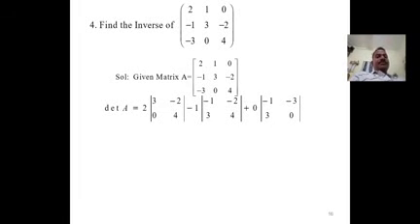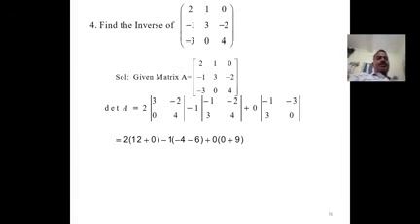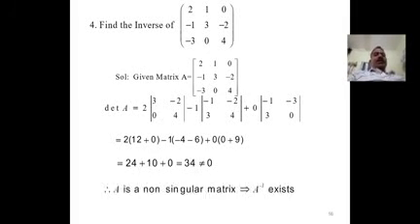Now we have to find the determinant of A. The determinant of A is 2 into (12 minus 0) minus 1 into the determinant of the matrix after deleting the first row and second column, so minus 1 into (minus 4 minus 6), plus 0 into (0 plus 9), that will get it as 34, which is non-zero. Therefore A is a non-singular matrix, therefore A inverse exists.